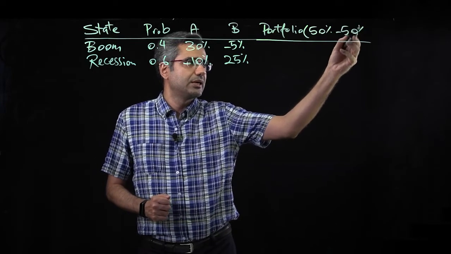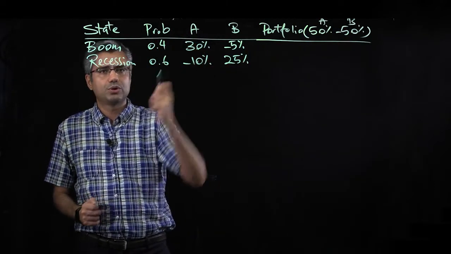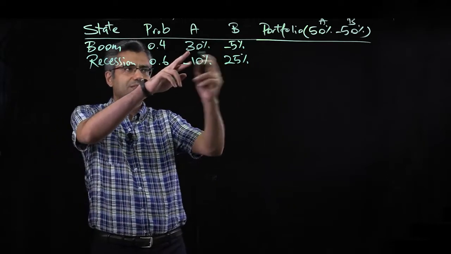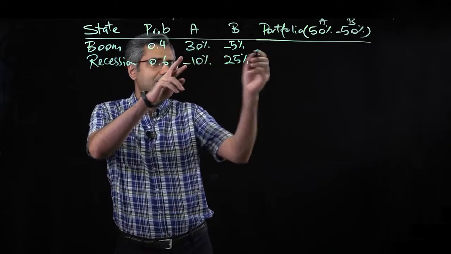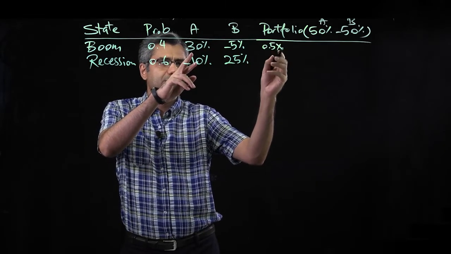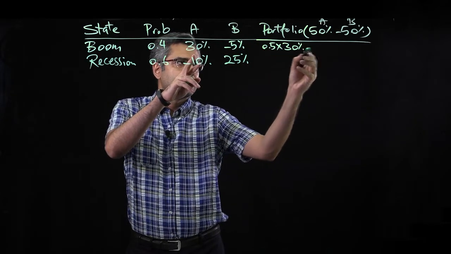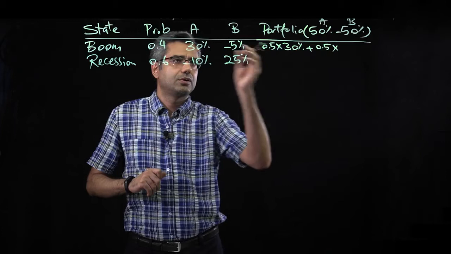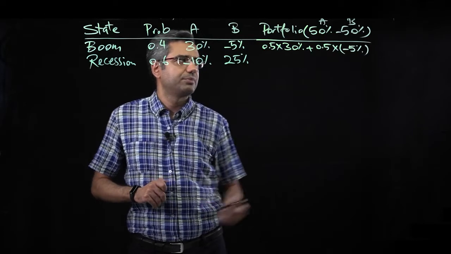I assume that 50% of the portfolio consists of stock A and 50% will be from stock B. Now, what will be the expected return of the portfolio if the economy is good? 50% will be stock A, the return of 50% of your portfolio will be 30%, and 50% of your portfolio, the return will be minus 5%.